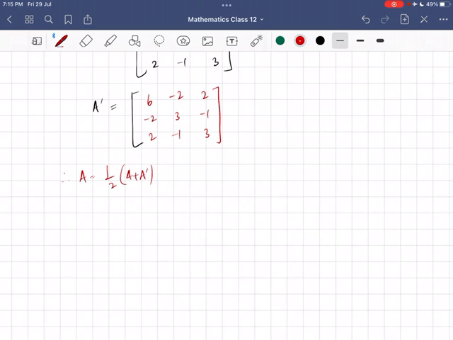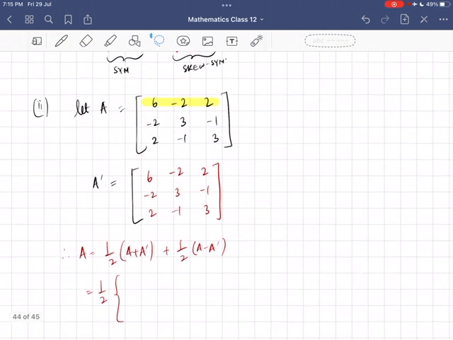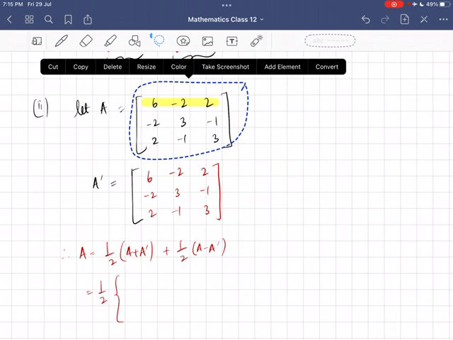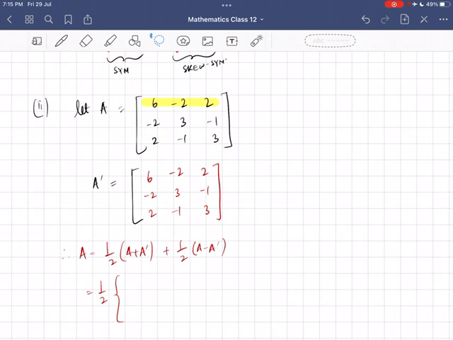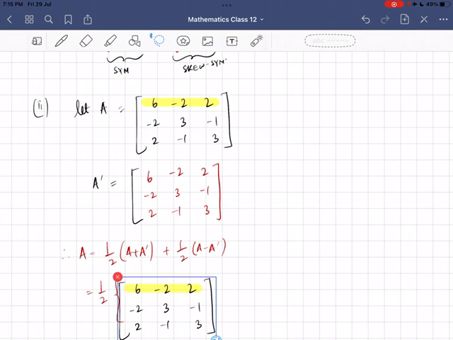So it becomes half of A plus A transpose. How much is that? This one is my A, plus we have to do A transpose now.